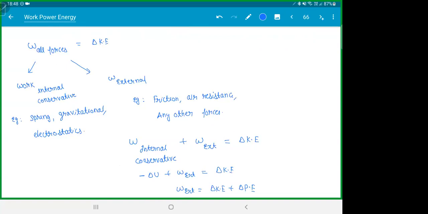Work done by external forces is change in potential plus change in kinetic. Clear?